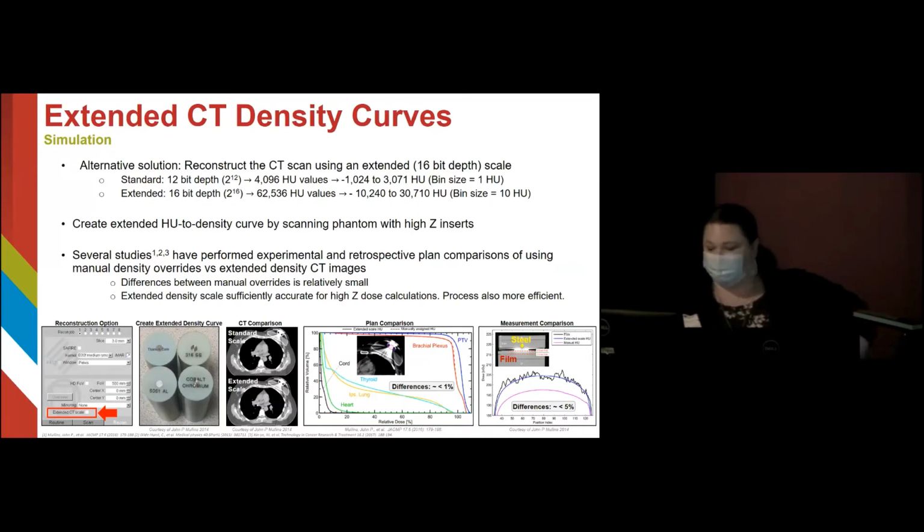Several studies have performed experimental measurements and plan comparisons using manual density overrides versus extended density CT images like the one shown here. And in general, the extended density CT agreed better with the measurements and was shown to be sufficiently accurate for high-Z dose calculations, as well as being more efficient.